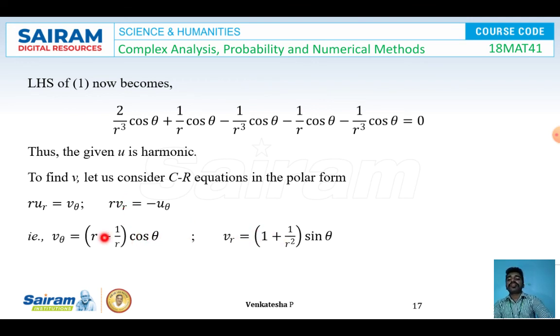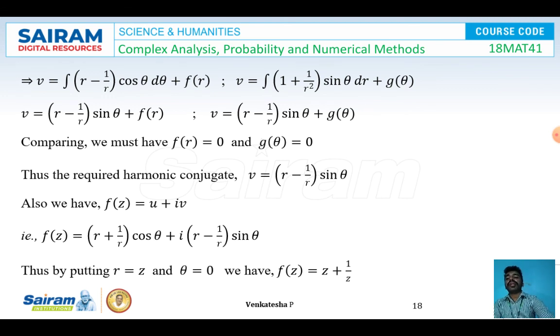After these equations, I'm going to find the v value by integrating this equation with respect to theta, treating r constant, and integrating this equation with respect to r, treating theta constant. So I got v is equal to the integration of (r minus 1 by r) cos theta d theta plus constant f of r. v is equal to the integration of (1 plus 1 by r²) sin theta dr plus constant g of theta.